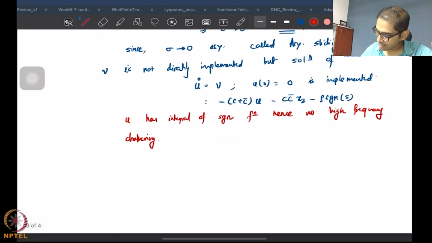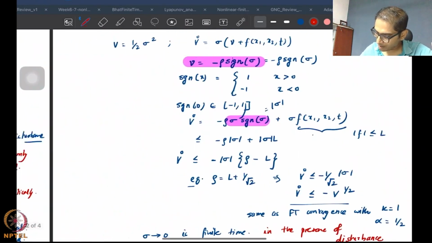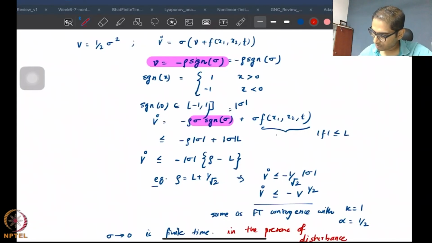So what's the idea here? I'm going to go back to the original treatment. If you see, what did we do? We had this half sigma squared as our V, and then we constructed our control as minus rho signum sigma. The V is already cancelled, the cx2 and all that, so we are not worried about that anymore. But we've constructed the v as minus rho signum sigma.